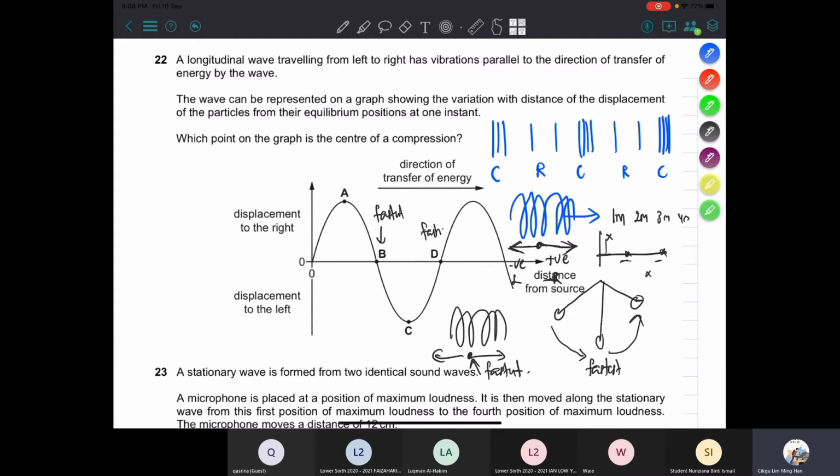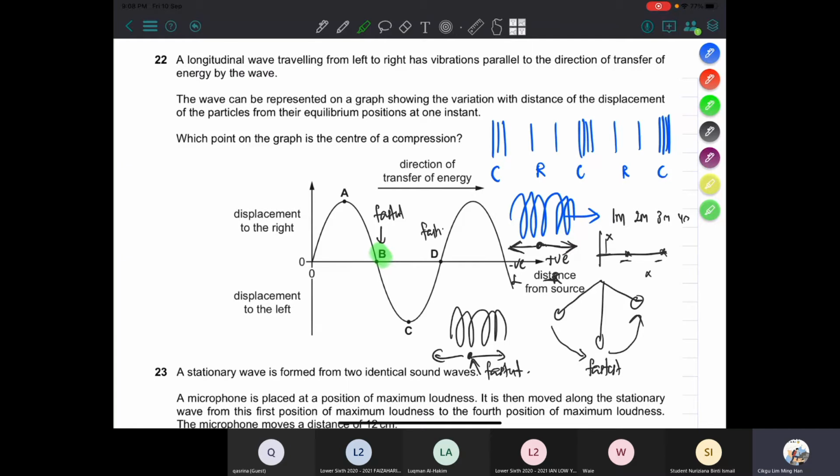Anybody want to have a guess first? What's the answer? B, sir. B for boy. Any other answer? We will learn later with the answer. Anybody have any other choice other than B?